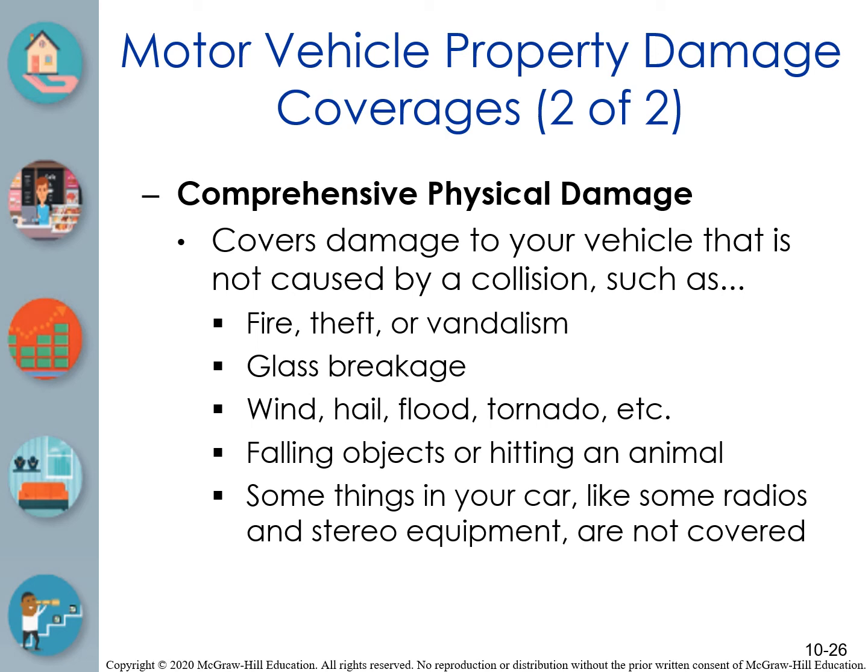Things in your car, like radio or stereo equipment, are not covered. But in general, comprehensive physical damage covers pretty much everything on the vehicle or in the vehicle, if you will, aside from a few items as they're stipulated.